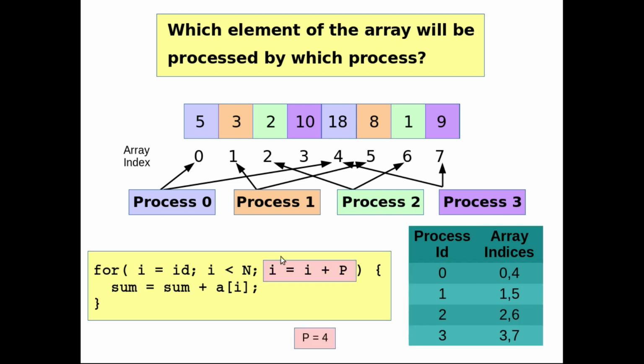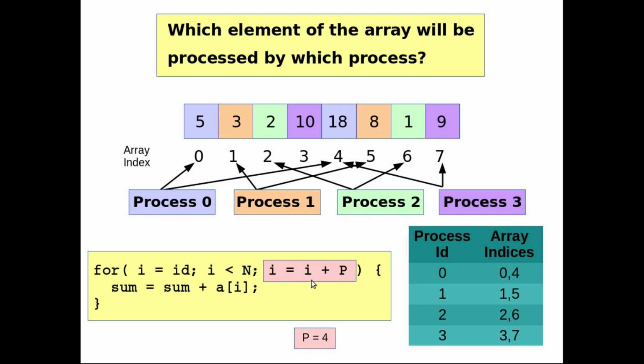So in this for loop, we increment the loop index by p. So it is not i++, but it is i equal to i plus p. So we start with i assigned the value of the ID. So in case of process 0, we will start at 0 and then to 0 we will add p.